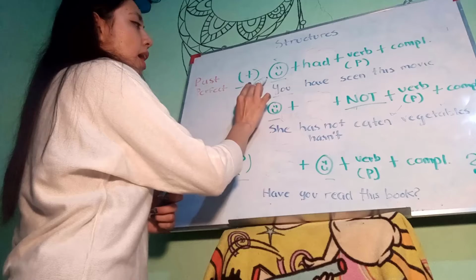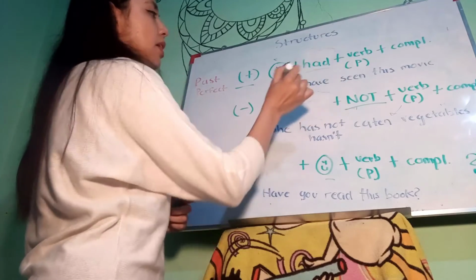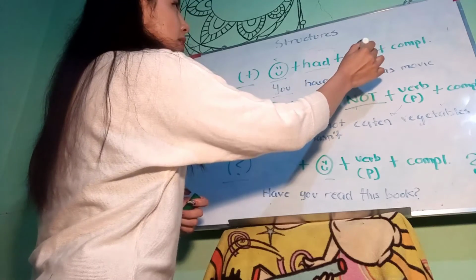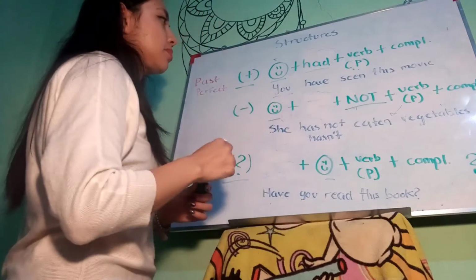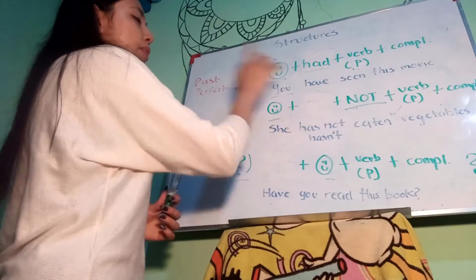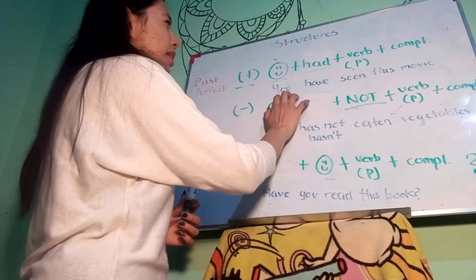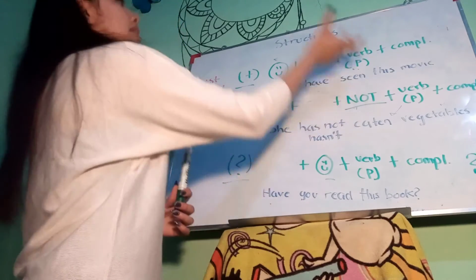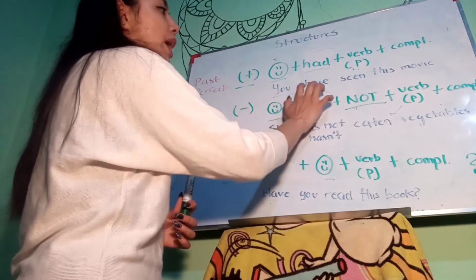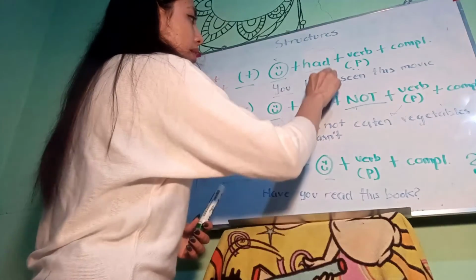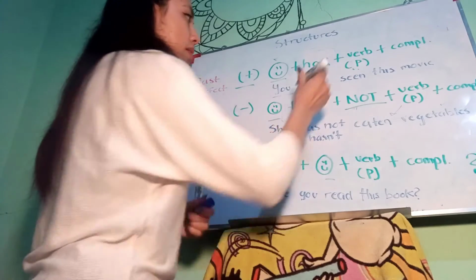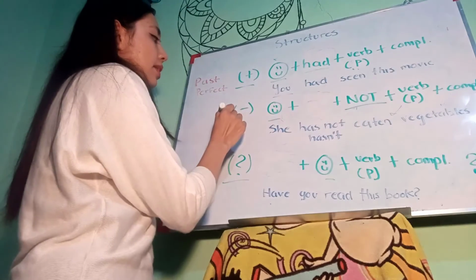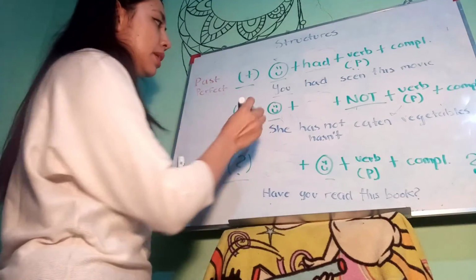So I have my subject, my auxiliary had, my verb in participle form, and the complement. So with the previous example, you have, but in the past perfect you had seen this movie. The negative form is the same.